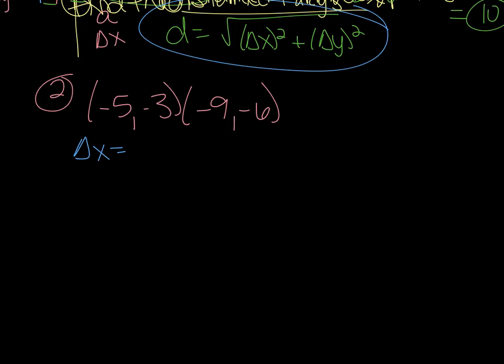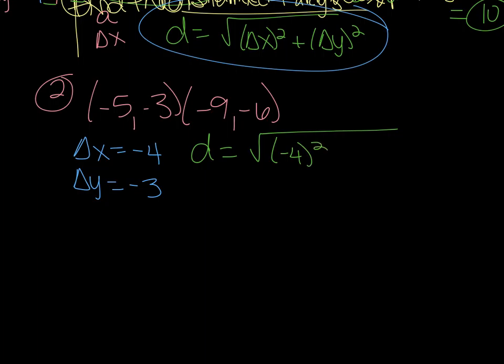Think about your number line. How would you get from negative 5 to negative 9? Minus 4. And then the change in y, from -3 to -6, how would you get there? -3. So the distance between 2 points can be found by taking the change in x, quantity squared, plus the change in y, quantity squared.